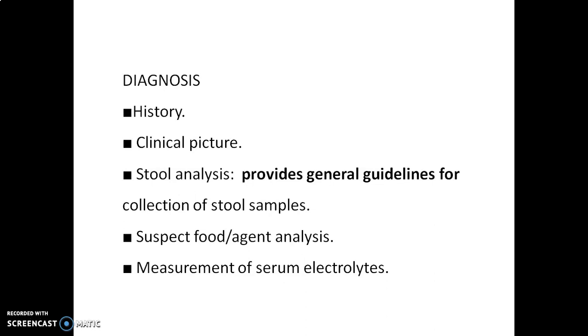Sometimes it's better to collect the suspected food sample so that it can be sent for analysis, especially in forensic cases. Forensic laboratories will receive the food samples so that it becomes easier to identify the nature of poisoning. And even measurement of serum electrolytes can give an idea about the food poisoning.